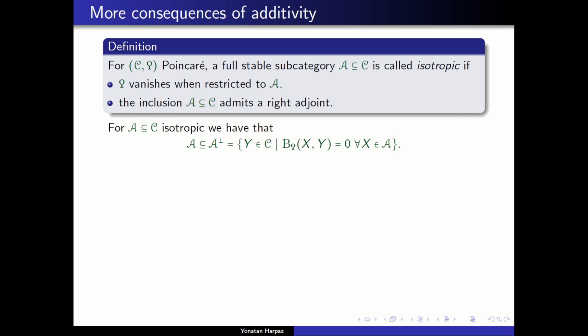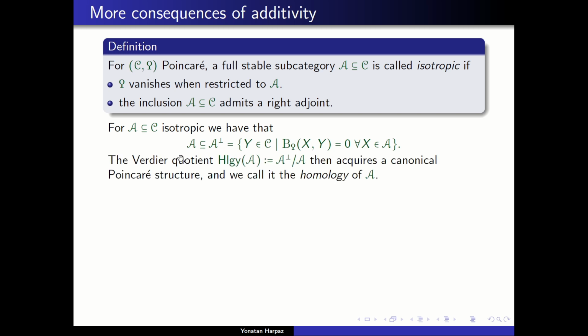In this case, essentially by definition, A would be contained in its orthogonal complement, which is defined to be the collection of all objects Y such that the bilinear part associated to Φ vanishes on Y with any X which belongs to A. And this would be true for any Y already in A by the condition that Φ vanishes when restricted to A. So A would be contained in its orthogonal complement.